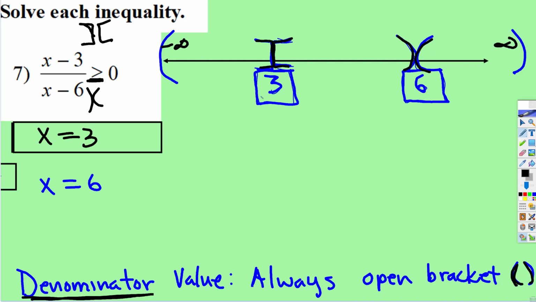And now I'm going to pick our interval values. A number that's easy to work with. Less than 3 is 0. Between 3 and 6, I will choose 5. And greater than 6, I will choose 10. This is a little bit trickier because we have a fraction bar. So it's something divided by something greater than or equal to 0.